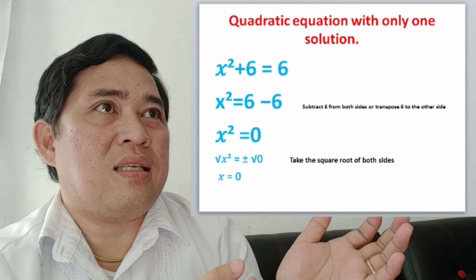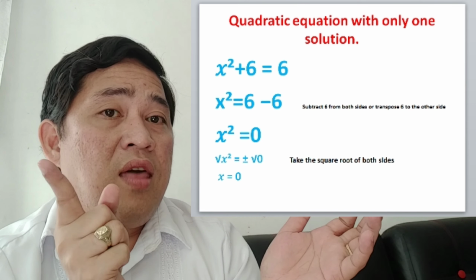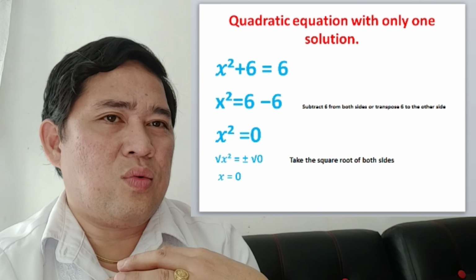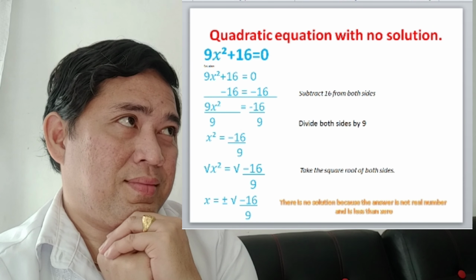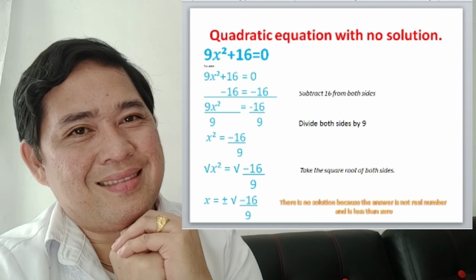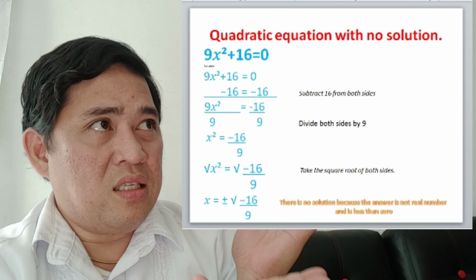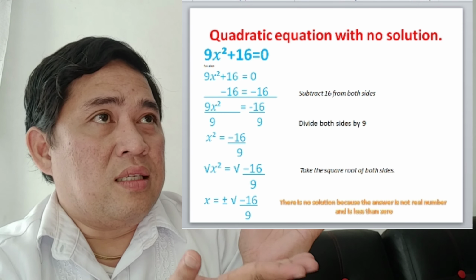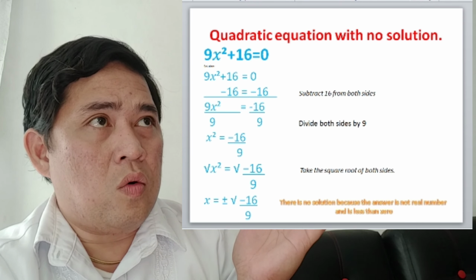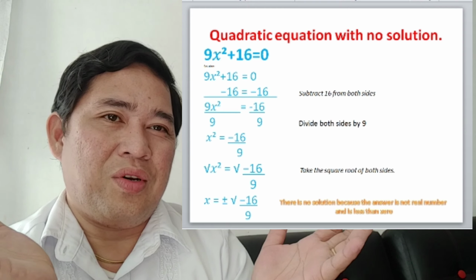Since c is equivalent to 0, it has one solution. Now take a look at this example for no solution. Since it resulted in a negative, or below 0, it automatically has no solution.